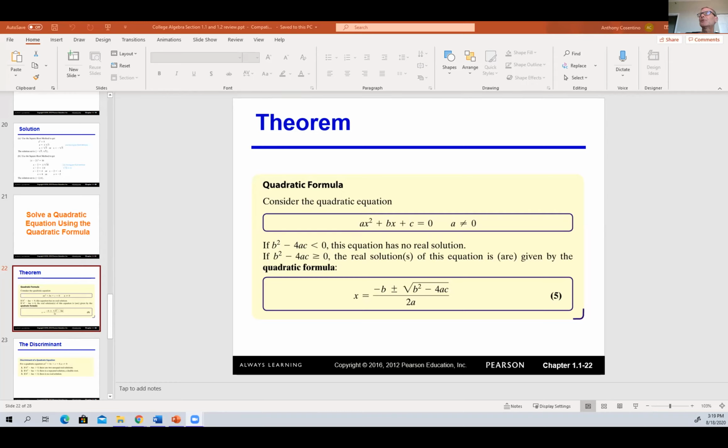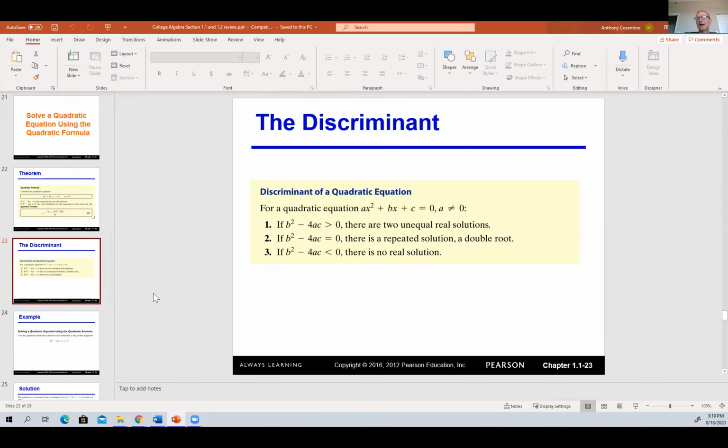And the idea with regards to this now is, if you look at this next slide, the value underneath the square root, the b squared minus 4ac, is called the discriminant. And remember that we can't take the square root of a negative number.